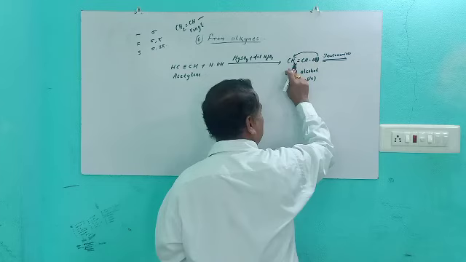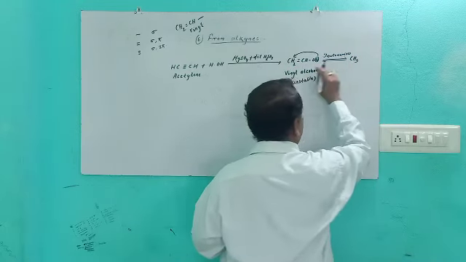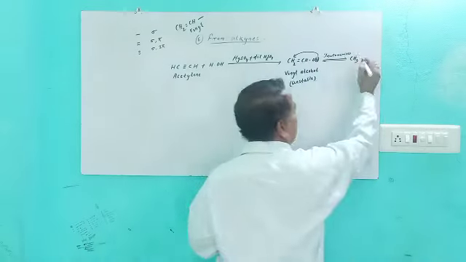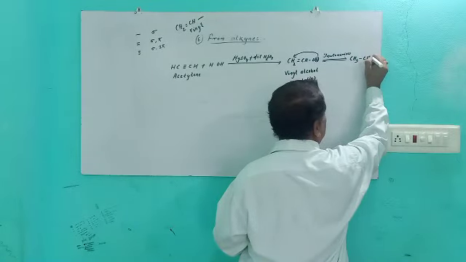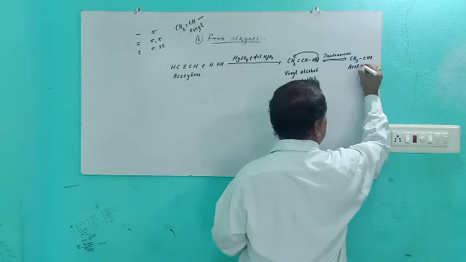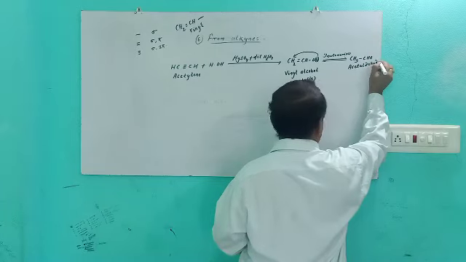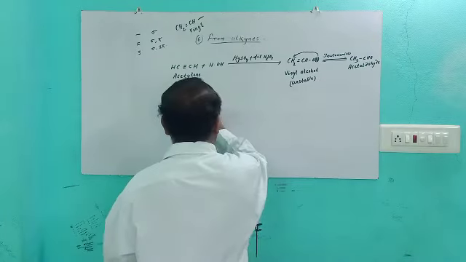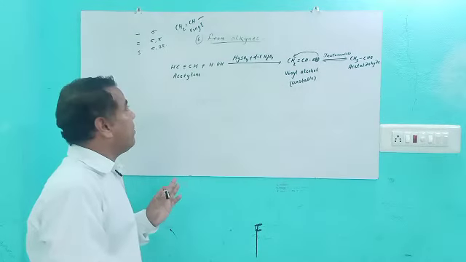As a result, CH2 becomes CH3, and this double bond breaks to form a single bond. CH3 single bond CHO is acetaldehyde, an aldehyde. So an aldehyde can be prepared from acetylene and alkynes.